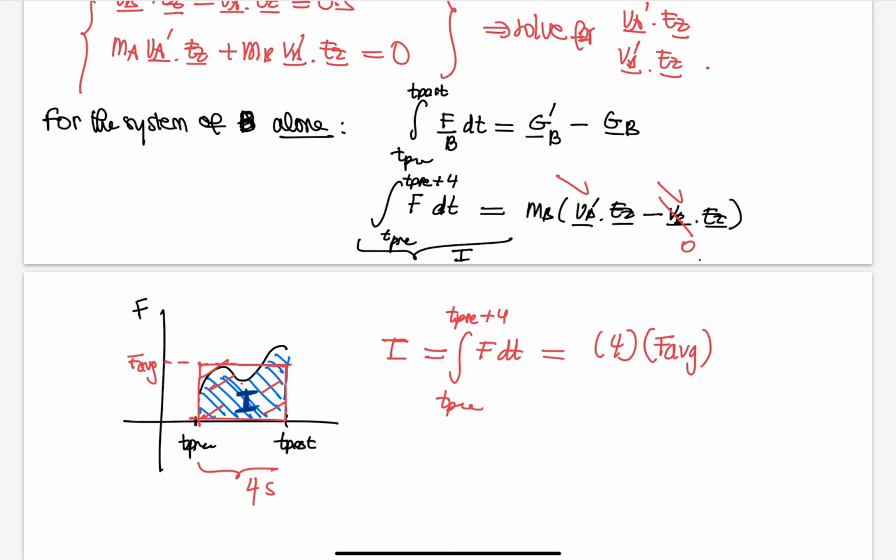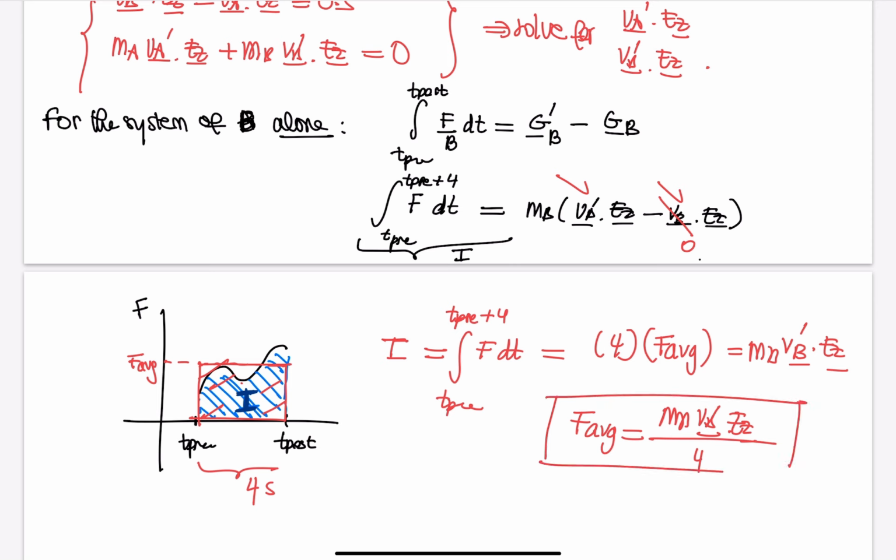So I can replace I by 4 times the average, and that should be equal to MB VB prime dot EZ. Now MB VB prime dot EZ I know, so I can just calculate F average is equal to MB VB prime dot EZ over 4, and voila, that's it. That's the average ejection force.